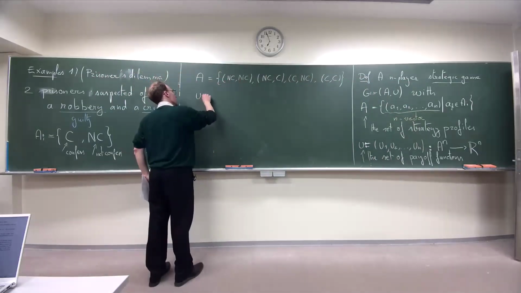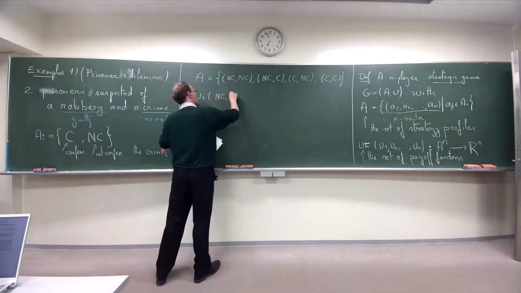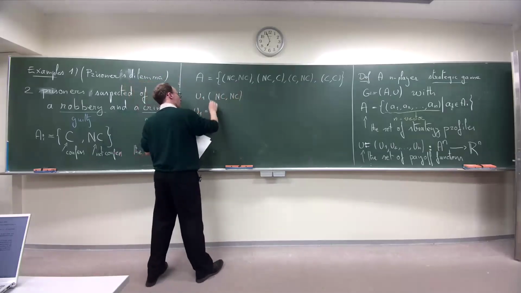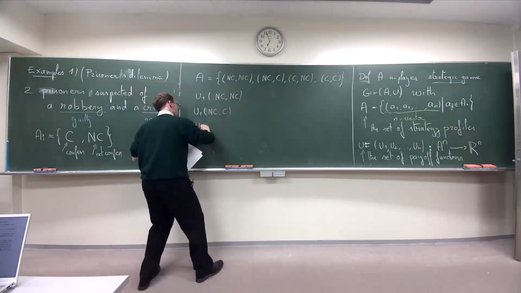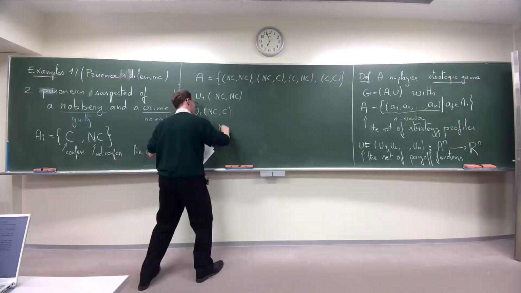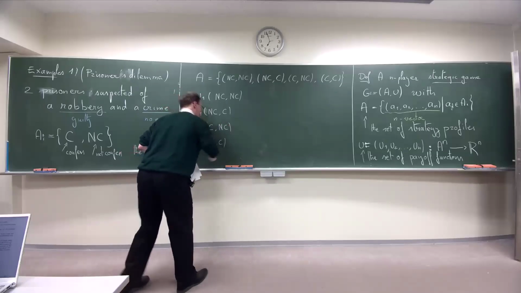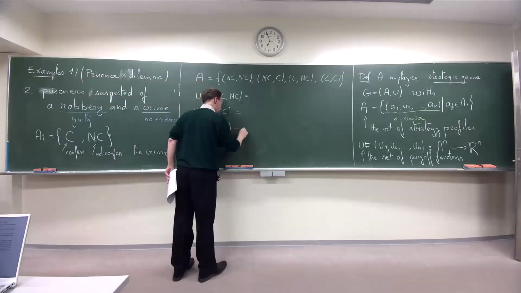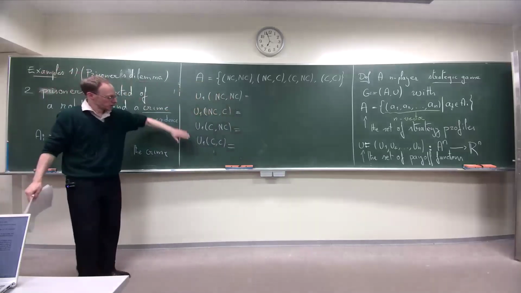And now we define U1. Let me explain, U1 of, I take the second one, U1 of C and C. What does it mean? U1 is, as we know, the utility function or the payoff of the first prisoner.